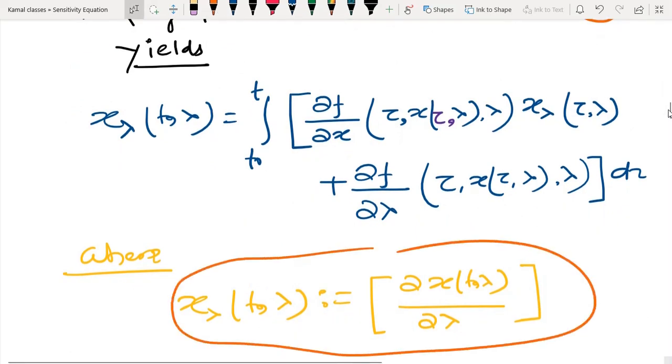I have given this kind of symbol because x belongs to R^n and lambda belongs to R^p. Once you calculate the derivative, at that time we are calculating the Jacobian. So the Jacobian matrix is represented by x_lambda(t, lambda). Anyone has confusion on this?